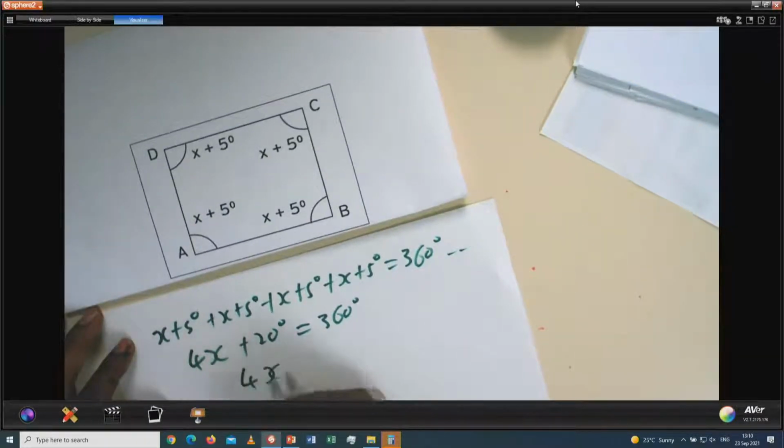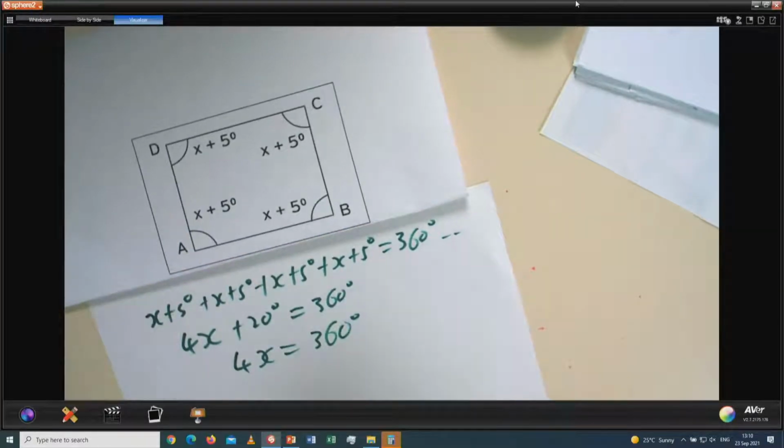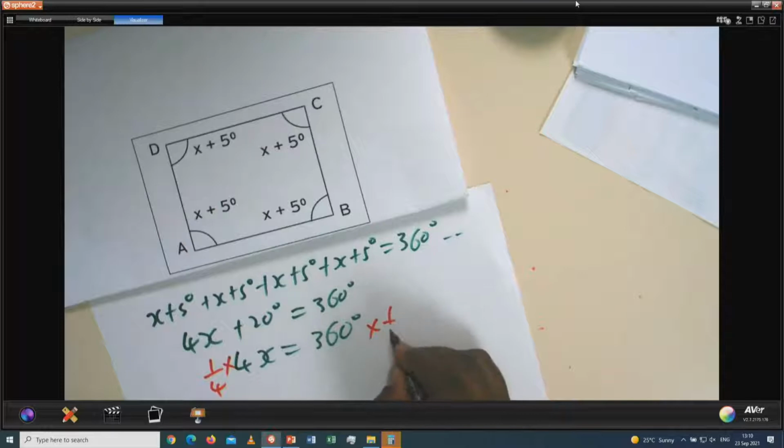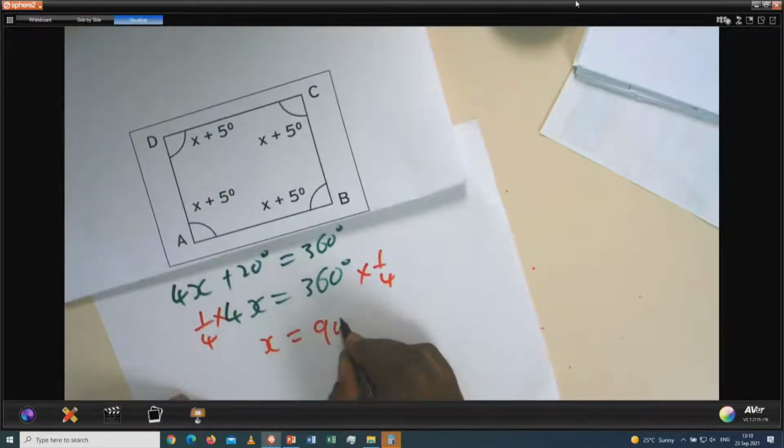Again, dealing with your equations, we are interested in x, therefore we are removing anything that is not related to x. We multiply both sides by an inverse. And of course, your x is 90 degrees.